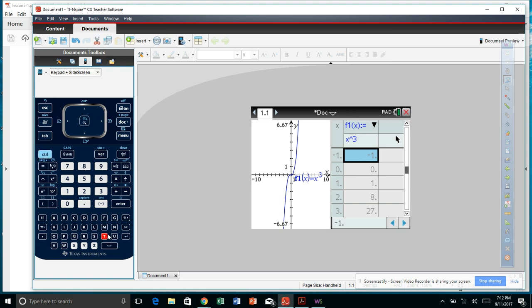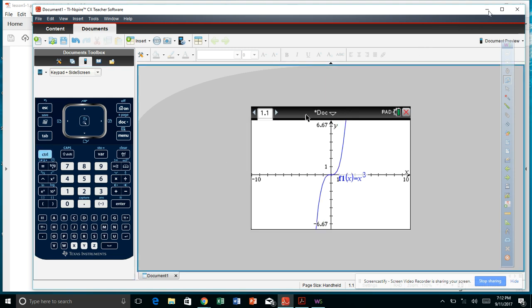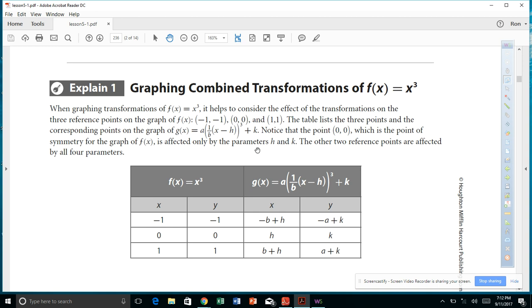It goes through those points, which makes the transformations easy. So (-1, -1) becomes (-b plus h, -a plus k). (0, 0) is just (h, k), and (1, 1) is (b plus h, a plus k). That makes finding the transformations much easier.